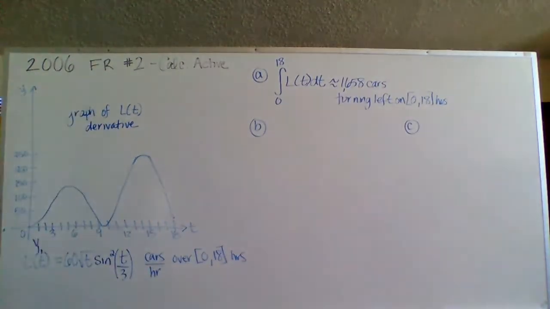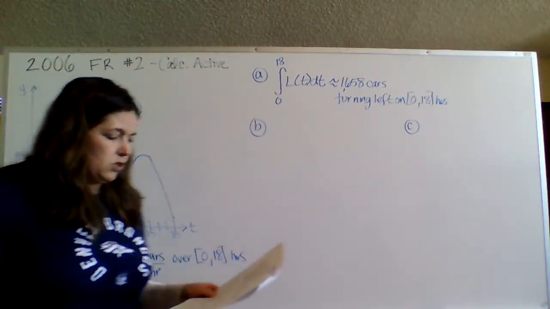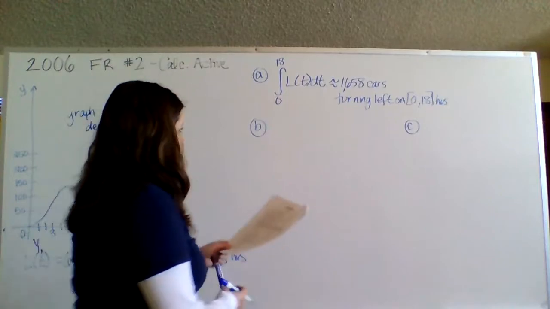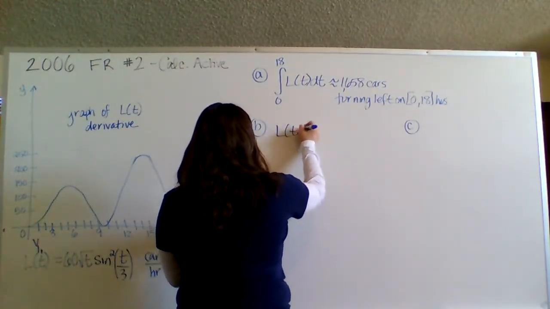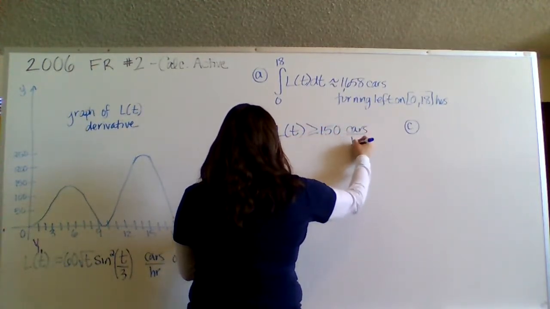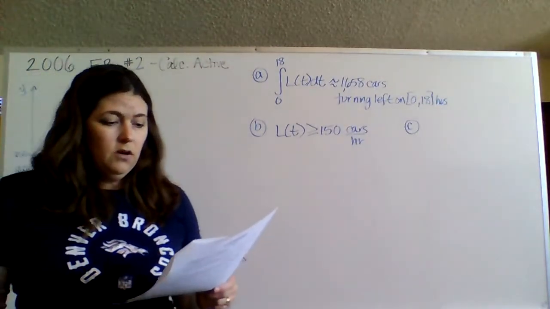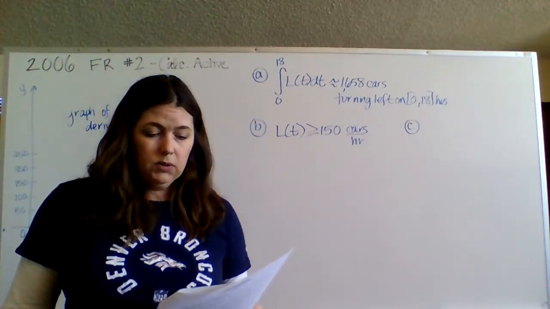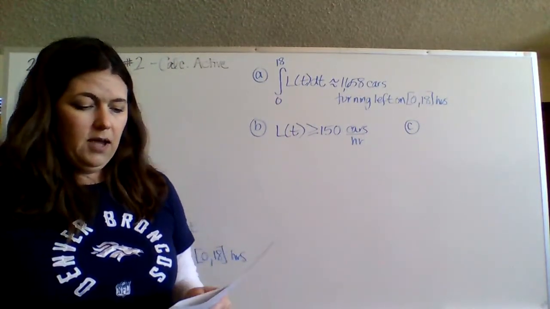Part B says, traffic engineers will consider turn restrictions when L of t is greater than or equal to 150 cars per hour. Find all values of t, so find all your times, for which L of t is going to be greater than or equal to 150, and compute the average value of L over this time interval.